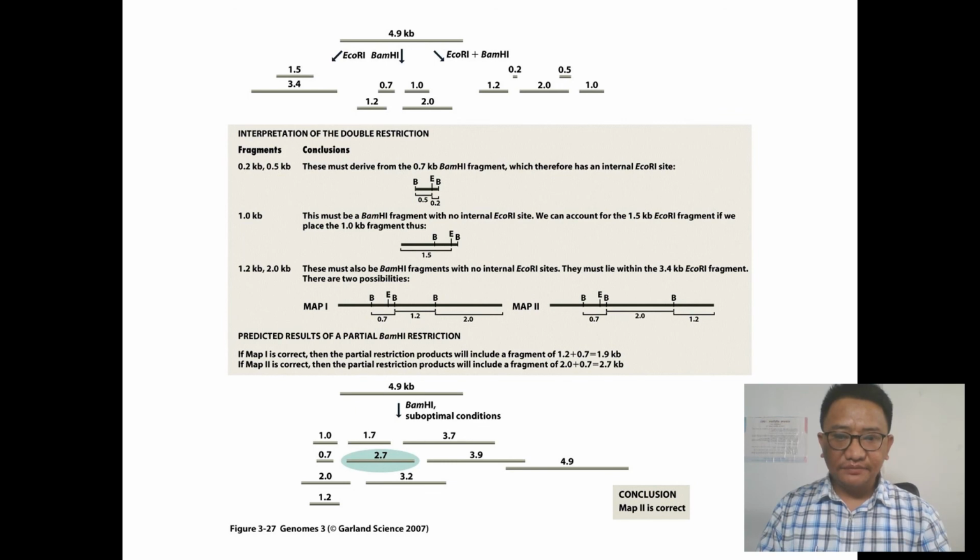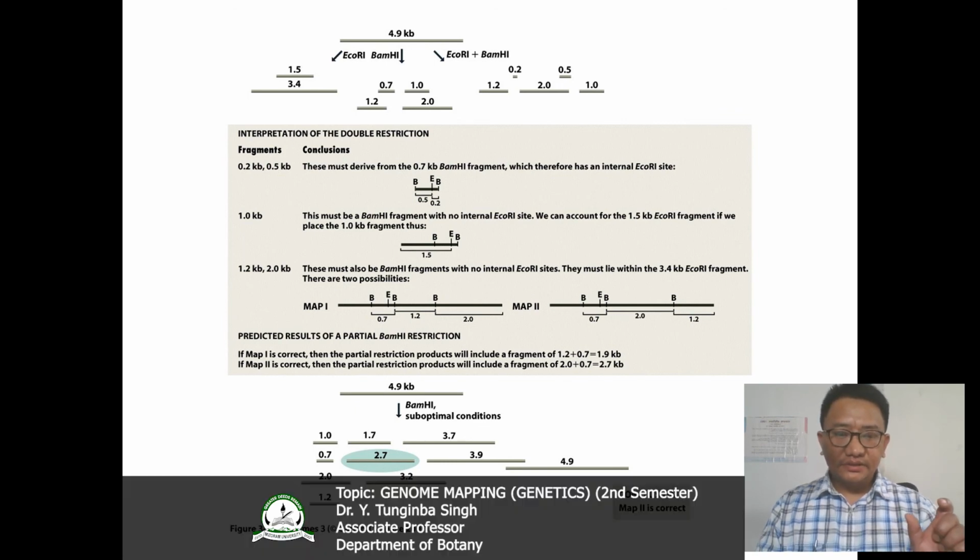So we can map the relative positions of restriction sites of the enzyme. This is how physical mapping is done, and this is an example of restriction mapping. So this is all for today, and thank you all. Thank you very much.